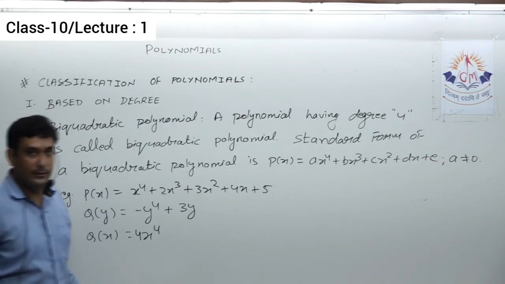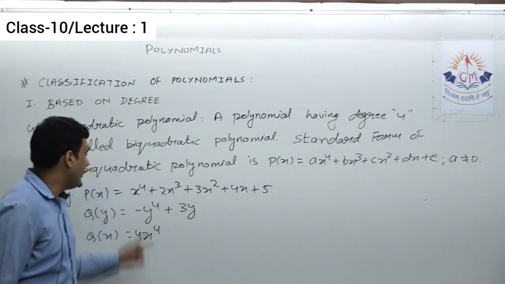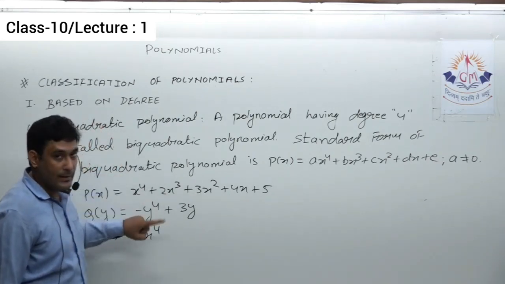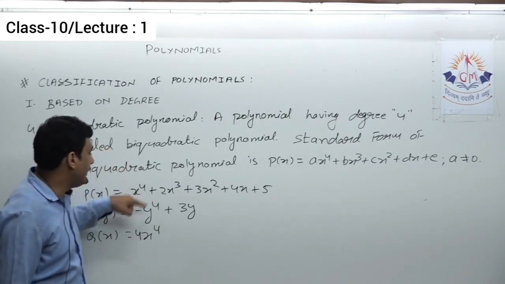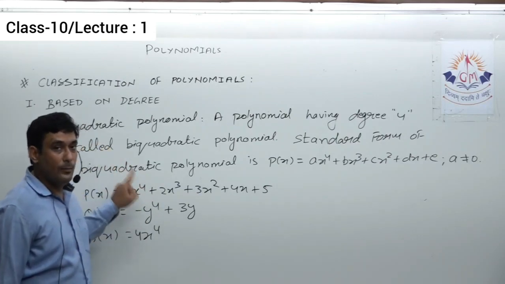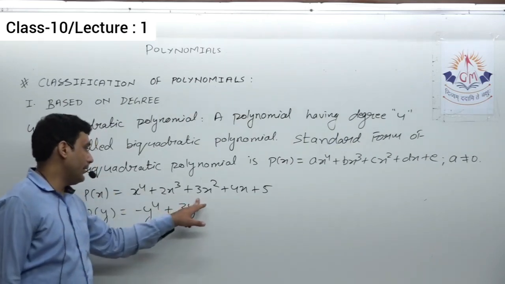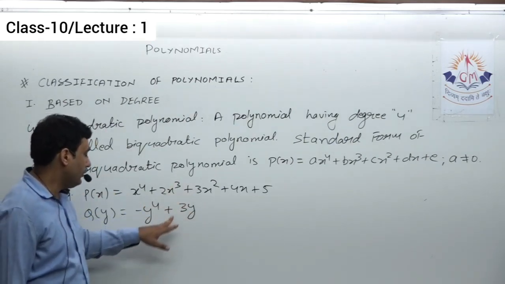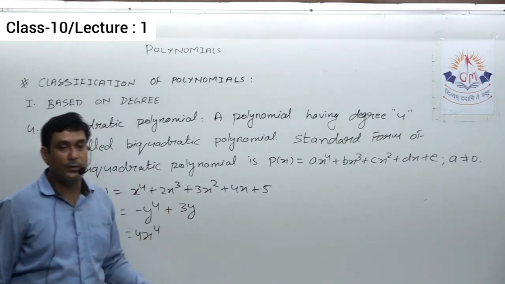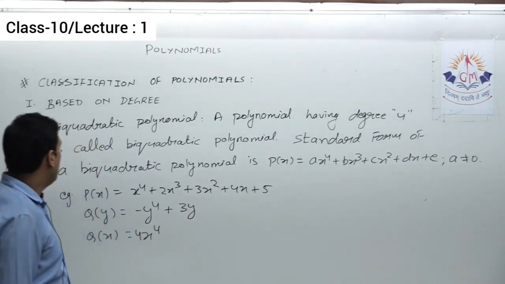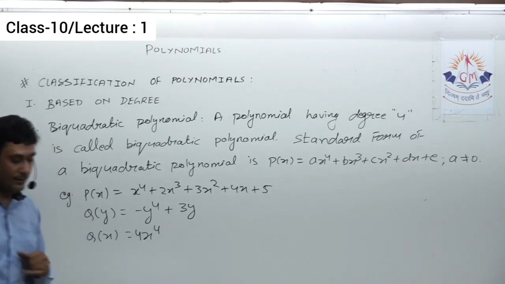These are the examples of biquadratic polynomial. The only thing you have to take care of is that the maximum power of the variable must be 4. That is the biquadratic polynomial. Number of terms here: there are 5, there are 2, and there is only 1 term. Okay, so please note it down, then we will see the next one.